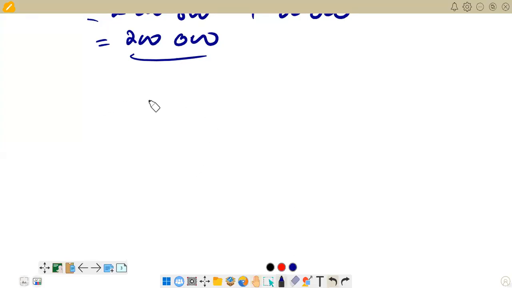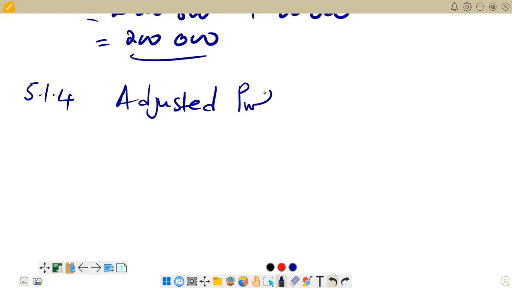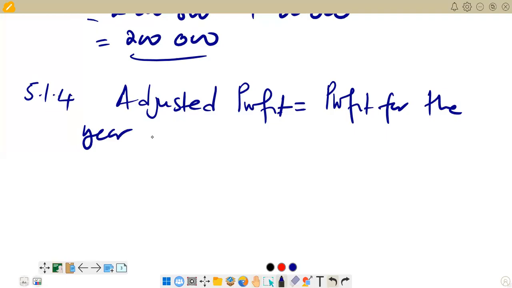So we are now on 5.1.4, and this requires us to calculate the adjusted profit. And remember, for the adjusted profit, the formula, we are saying profit for the year, then we subtract provision for latent defects.